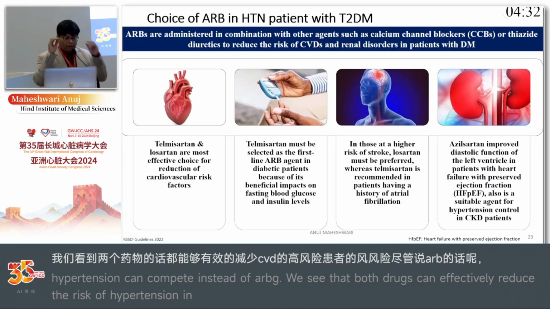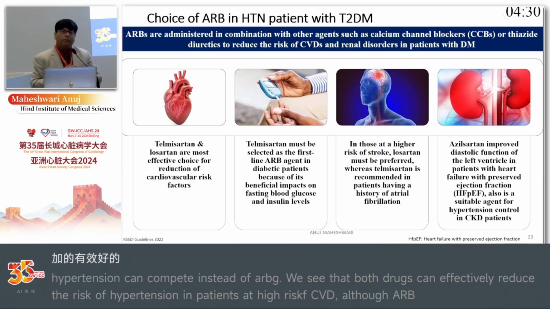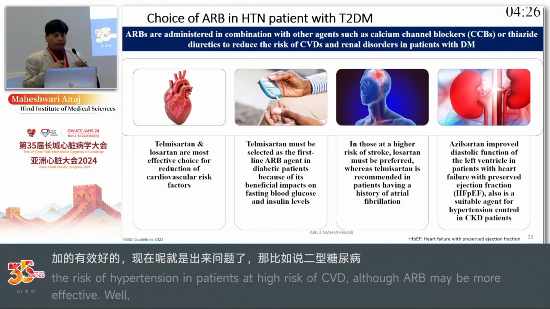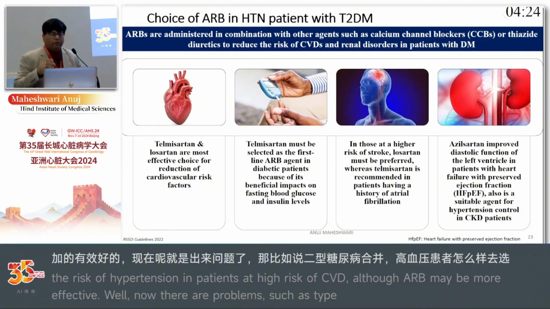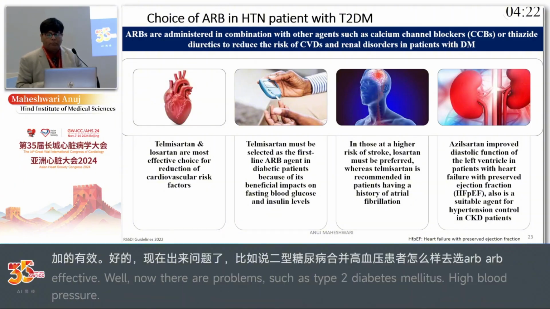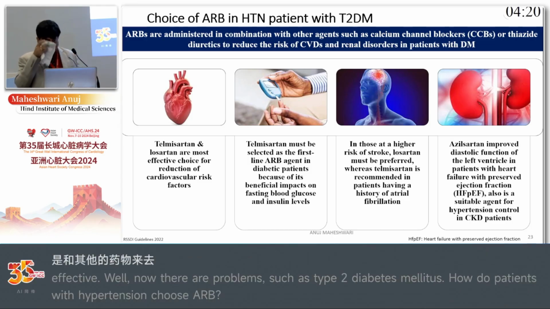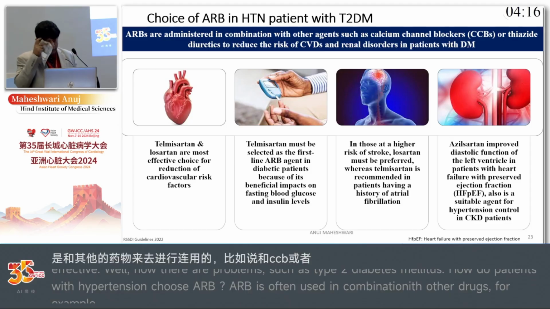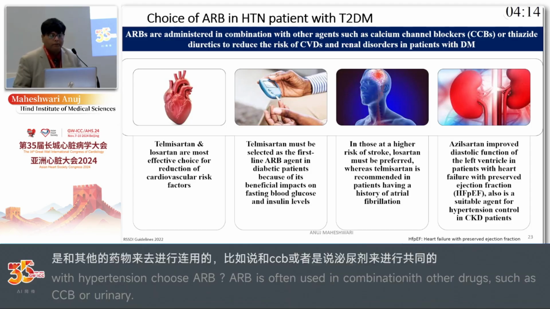Now the question arises: how to choose ARBs in hypertensive patients with type 2 diabetes? ARBs are administered in combination with other agents like calcium channel blockers or thiazide diuretics to reduce the risk of CVD and renal disorders in patients with diabetes.